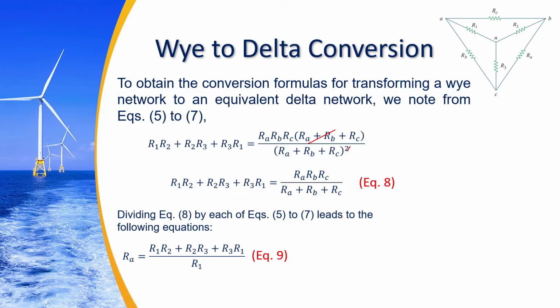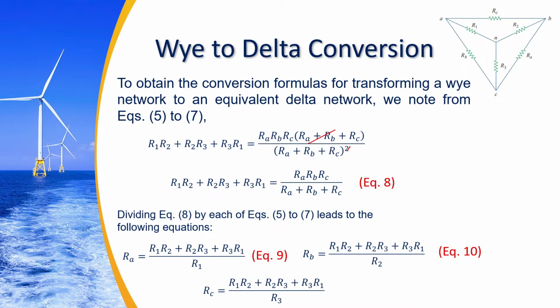Next, para naman kay equation 6, kapag dinivide natin siya kay equation 8, RB is equal to R1 R2 plus R2 R3 plus R3 R1 over R2. Ayun yung equation 10 natin. Okay? Last, for equation 7, kapag dinivide natin siya kay equation 8, RC is equal to R1 R2 plus R2 R3 plus R3 R1 over R3. Ayun yung equation 11.